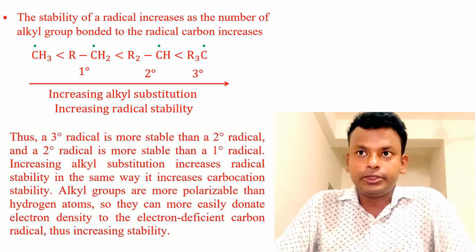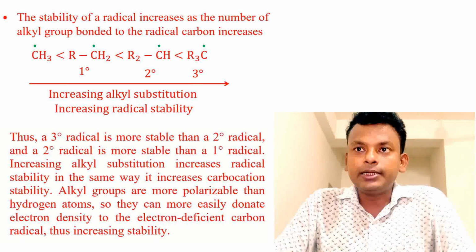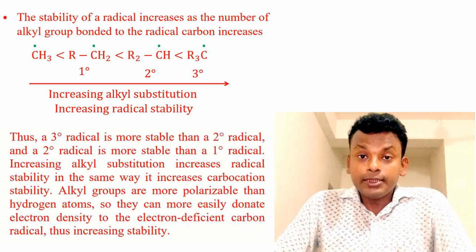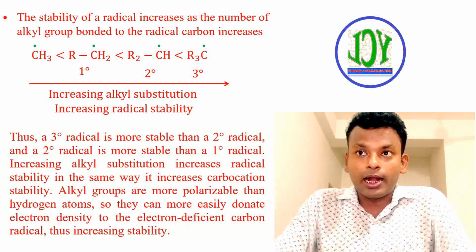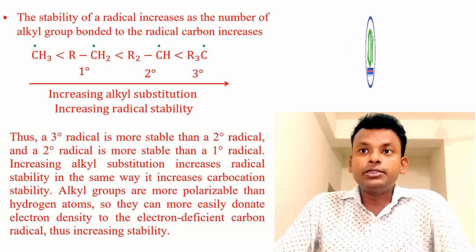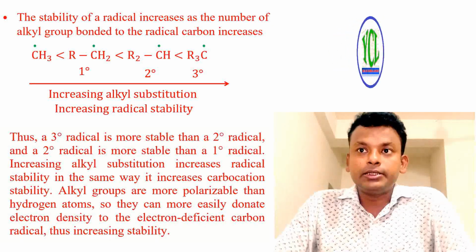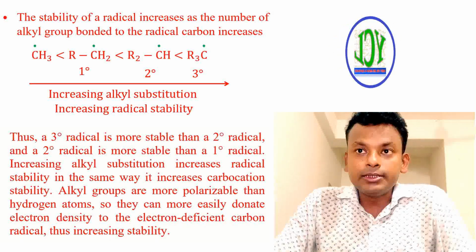In the same way, it increases carbocation stability. Alkyl groups are more polarized than hydrogen atoms, so they can more easily donate electron density to the electron deficient carbon radical, thus increasing stability.